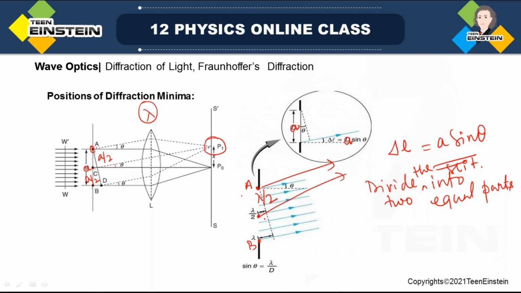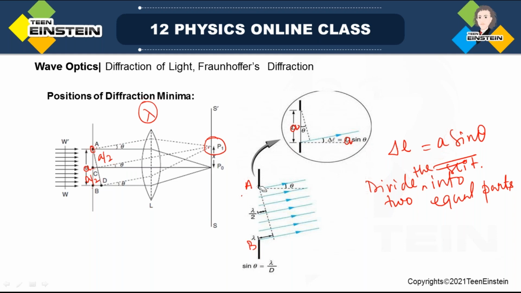I hope you agree. Now if a light goes from C and another from B, they also meet with path difference lambda by 2. Okay, path difference lambda by 2, right? Look, I'll just tell you one more thing.